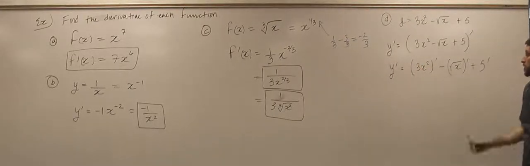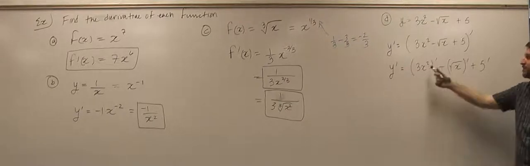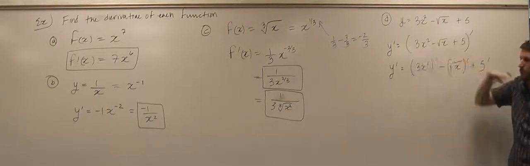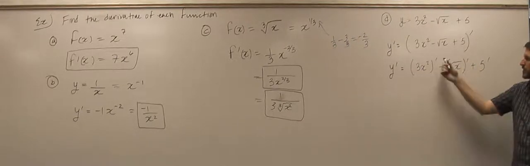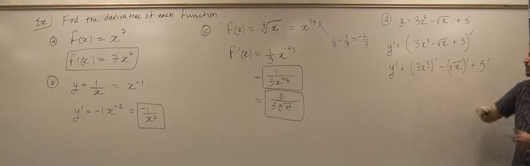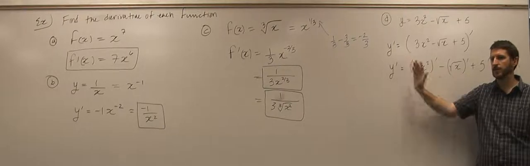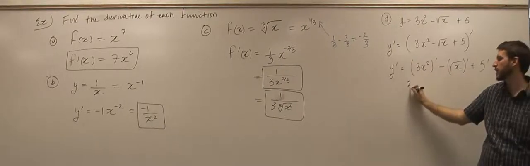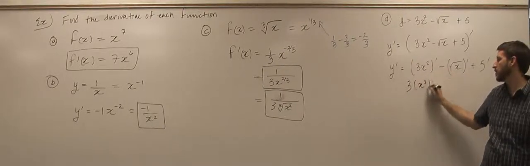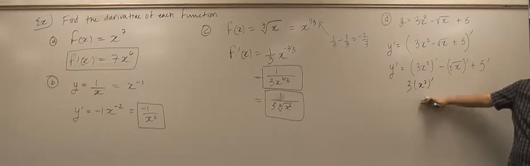You still have to do some work here. In fact, this guy has a constant multiple. When you take the derivative of something with a constant multiple, you ignore the constant and pull it outside of the derivative. That was our constant multiple rule. 3 can come out. You can just do the derivative of x squared, which you're a master of by now.